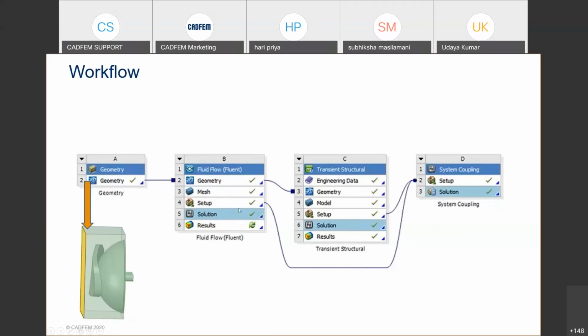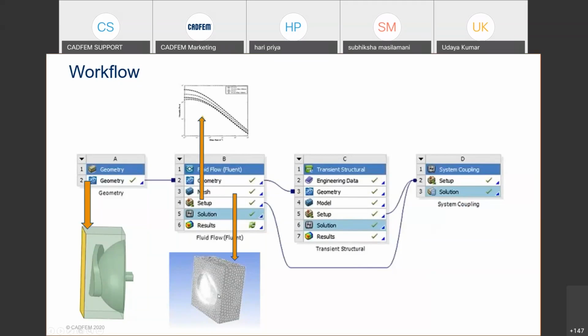Coming to the main workflow, you can model different geometries inside SpaceClaim. We have SpaceClaim inside ANSYS to handle these different kinds of geometries. Then inside Fluent, the fluid part, you can mesh the body. Only the fluid part, that is the synovial fluid, will be meshed, by giving appropriate fluid material properties, right?